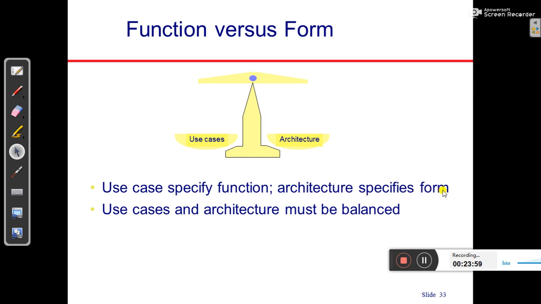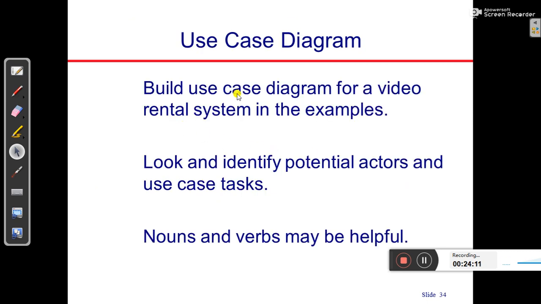Architecture specifies the form. Use case and architecture must be balanced. That is how it is shown in this diagram. Both should be balanced.